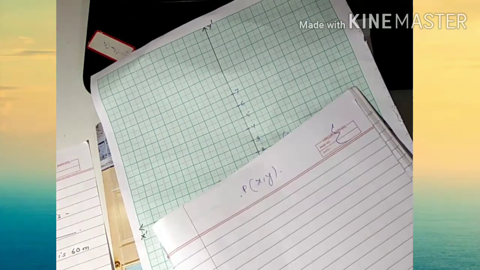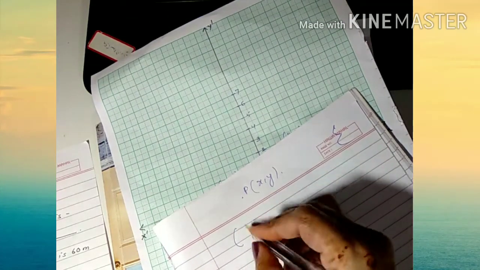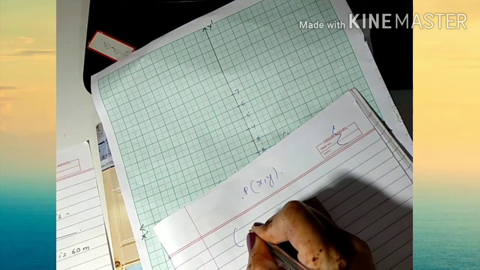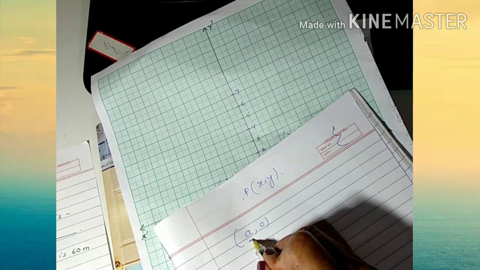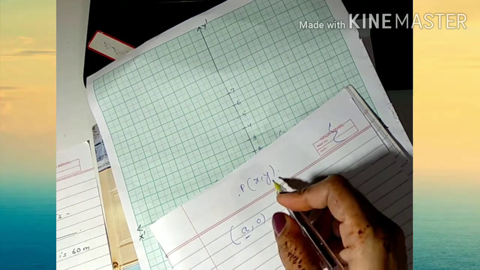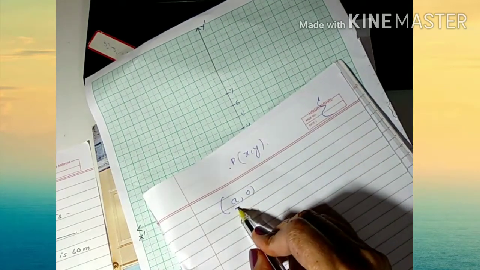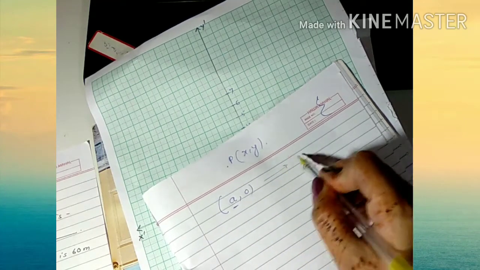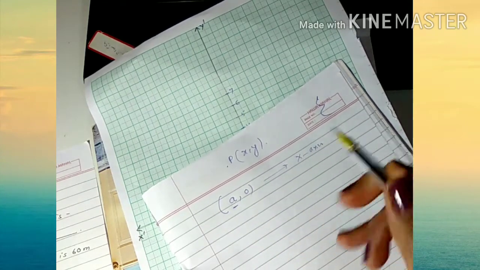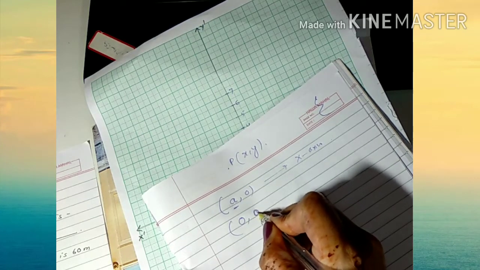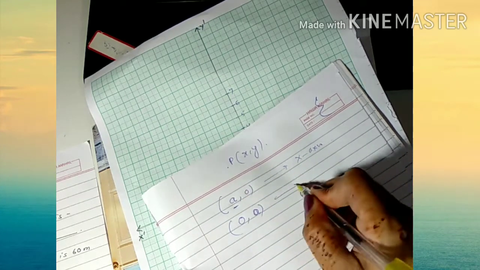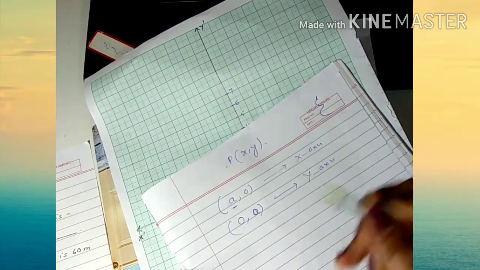So from this what we have got: if the point is (A, 0), that is, if only the x coordinate is given, then it will lie on the x-axis. And if the x is 0 and y is any number, then it will lie on the y-axis.